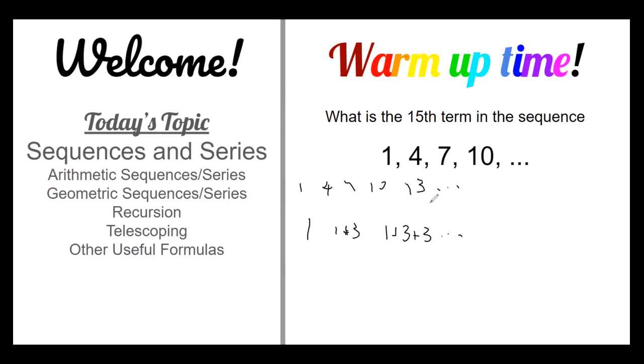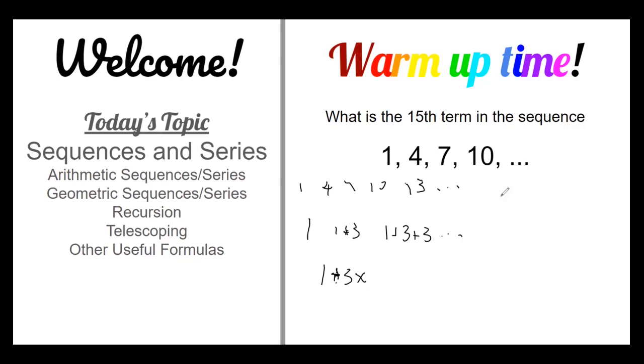So naturally, we can write that each term in the sequence is 1 plus 3 times some number. Let's call that number x, right? And notice that the first term in the sequence is 1 plus 3 times 0. Second is 1 plus 3 times 1.